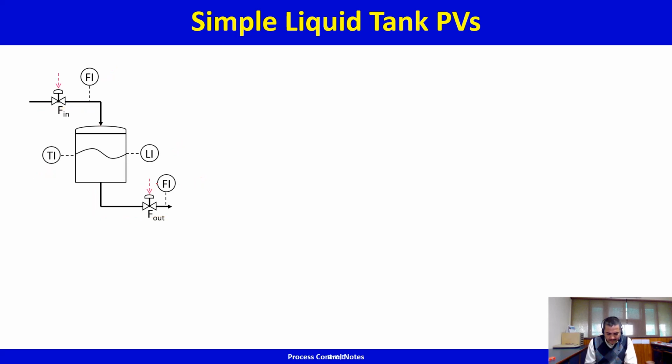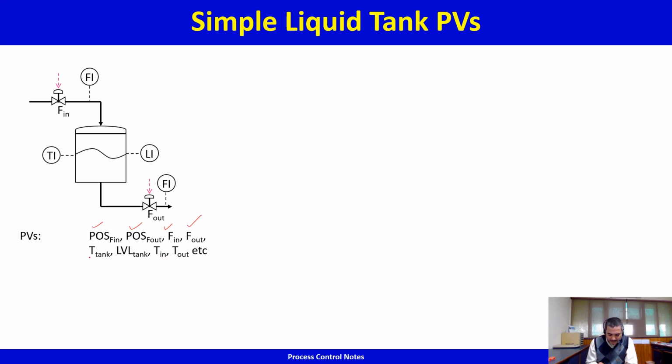So what you have as process variables: you have the position of the F in valve, you have the position of the F out valve, then you have the flow in and the flow out, volumetric flow in and volumetric flow out, F in and F out.